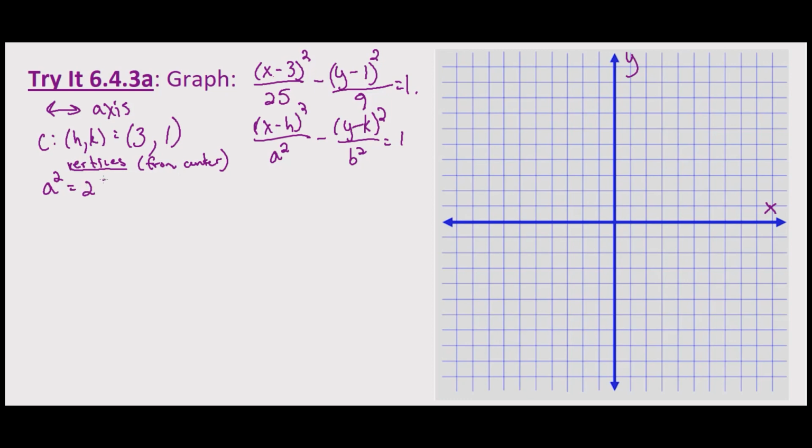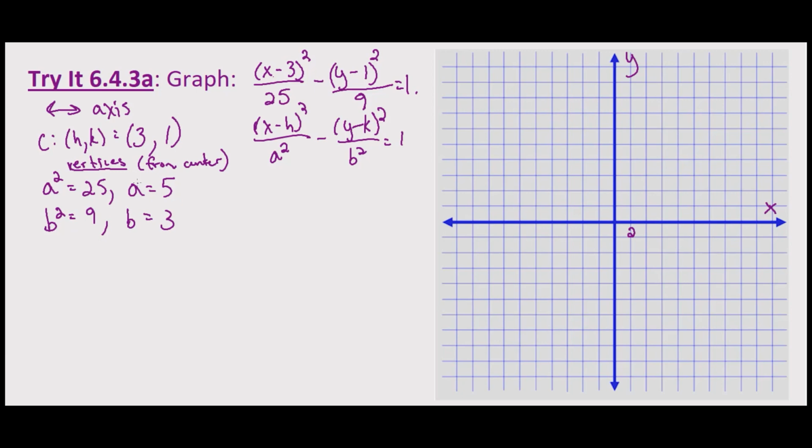We know that a squared equals 25, so a equals 5. So we're going to be going plus and minus 5 from the center. We're probably going to want to change our scale to 2 instead of 1 in the x direction. b squared equals 9, which means that b equals 3.